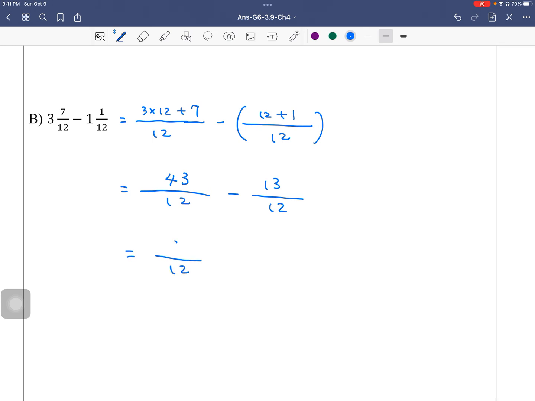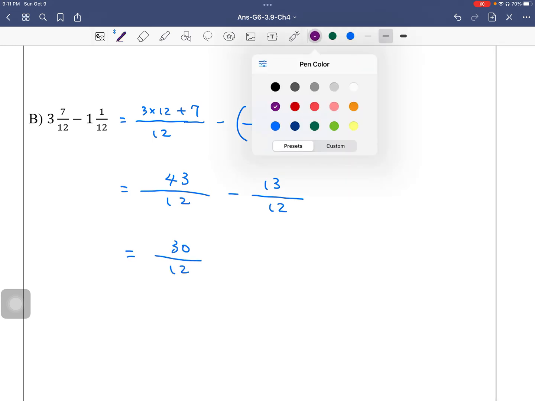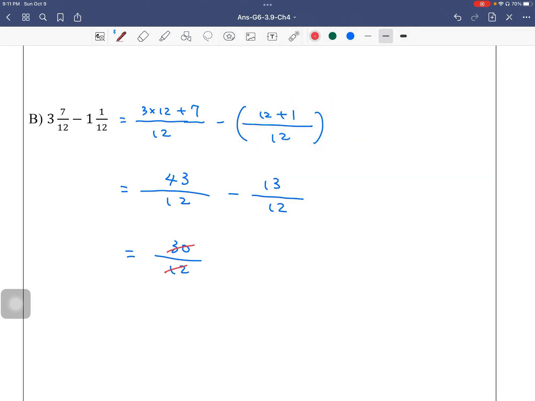So this is 30/12, and for the simplest form, divided by 2 is 15 over 6, divided by 3 is 5 over 2. What we do is we continue to try to divide, starting from the smallest prime number. So 5/2, we can see 2 times 2 is 4, so this is 2 and 1/2.